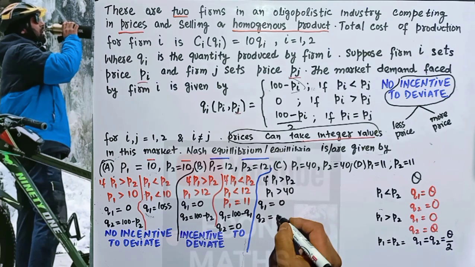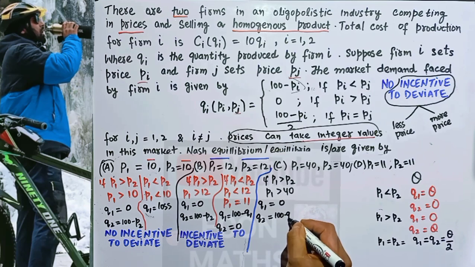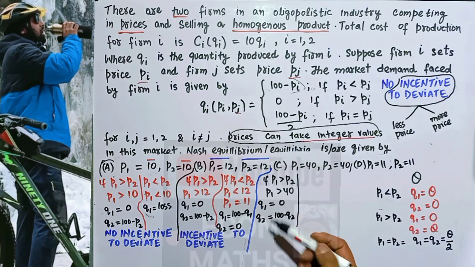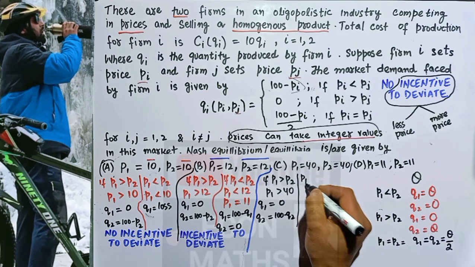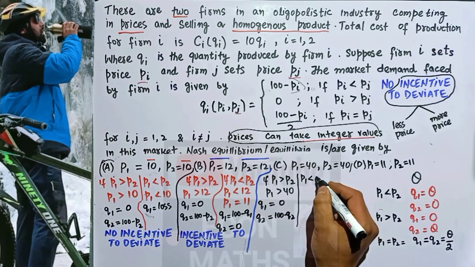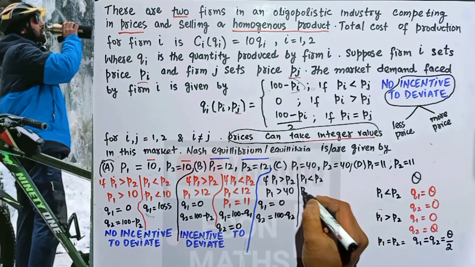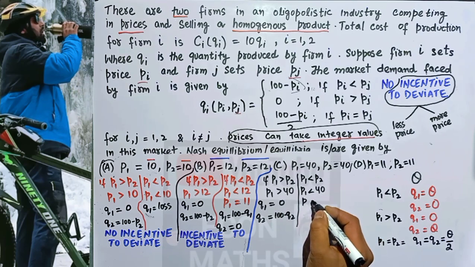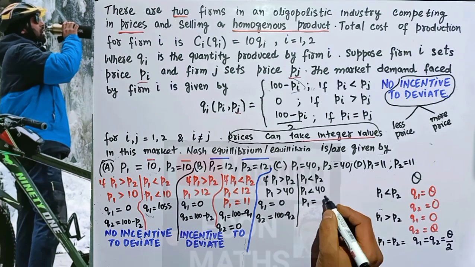That means 100 minus Q2. So firm 1 has no incentive to charge a greater price. Let us say if firm 1 tries to charge a price less than firm 2, that means P1 is less than 40, and P1 less than 40 means he can charge a price of 39.